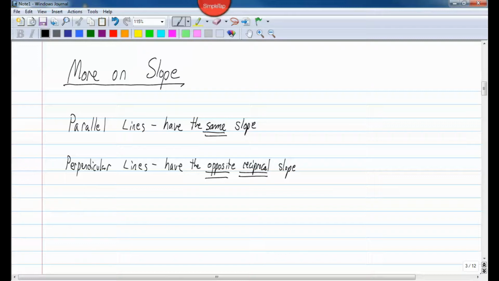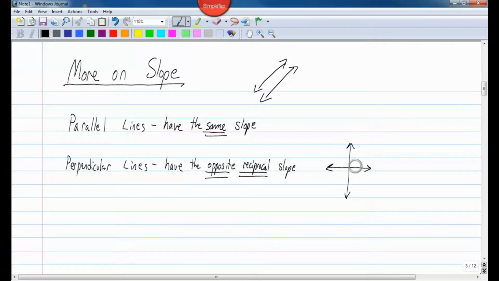Parallel lines have the same slope because if two lines are parallel, then they're never going to intersect. They're never going to touch each other or cross each other. So their slope is the same. Perpendicular lines, like the x and y axis, are perpendicular.